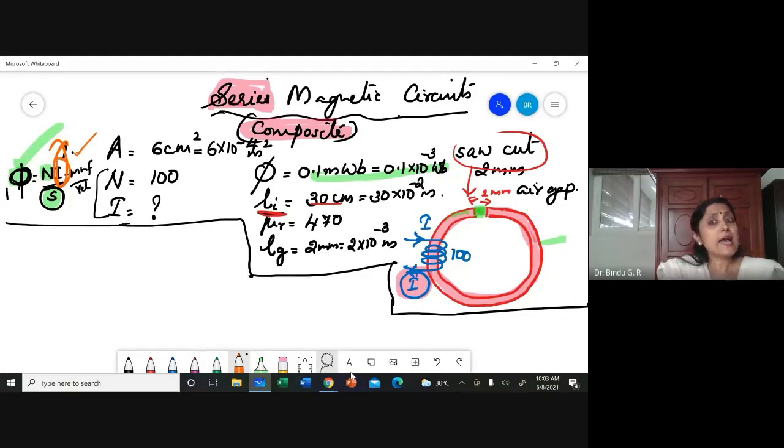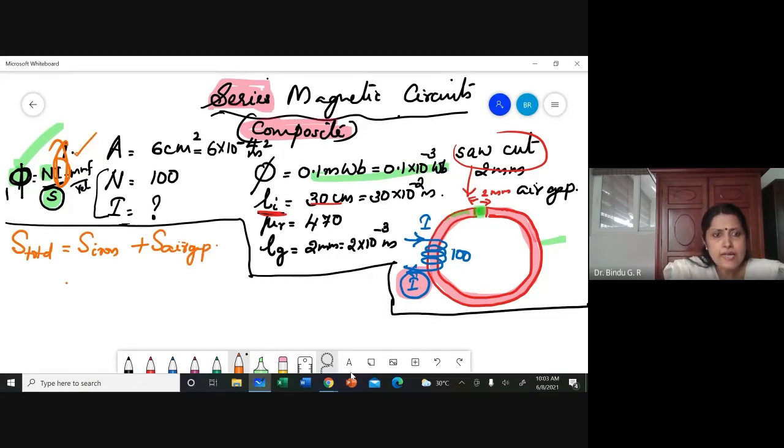So first I have to find out the total reluctance. S total could have been found in one step had there been no air gap. But now what I have to write is S total is equal to reluctance of the iron part plus reluctance of the air gap.